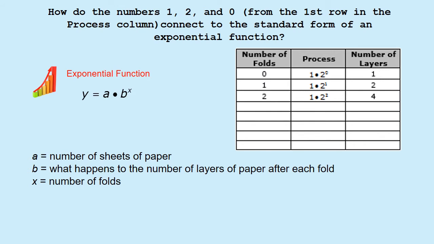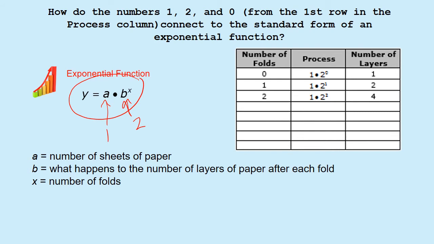The format that we use is y equals a times b to the x. That's kind of like the parent function of exponential functions. A tells me how many sheets of paper I start with. B tells me the number of layers after each fold.